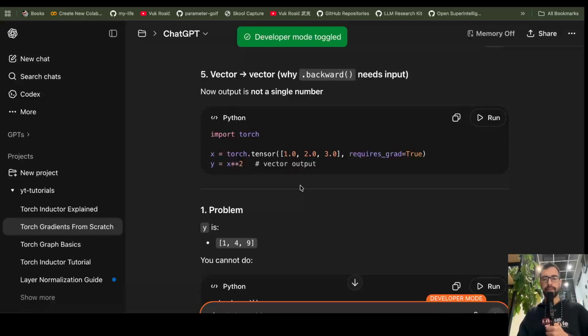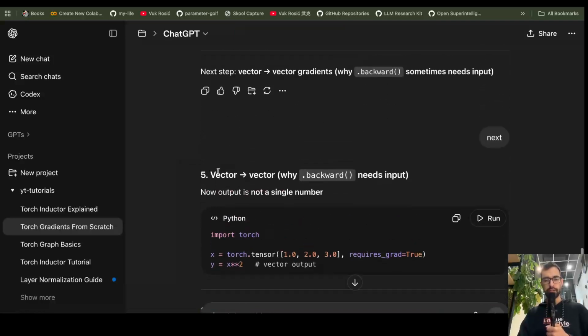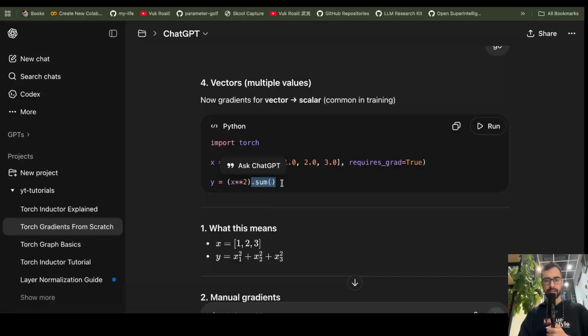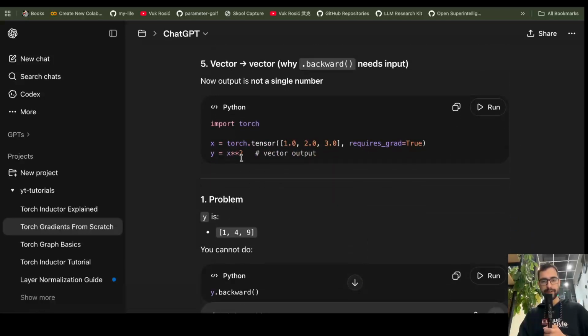Now let's see if the output is not a single number, but a vector. Here this formula sums all of the elements and gives one scalar as y. But what if we keep the y output to be a vector itself? Let's say we have the vector 1, 2, 3, and we just square each element, so the output is going to be 1, 4, 9 for forward propagation.